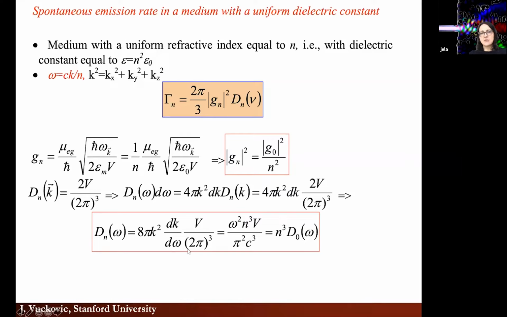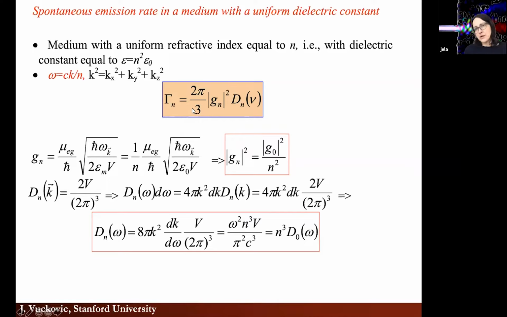So there will be an extra factor of n cubed, okay? And that's just the derivation of density of states, density of optical modes in the medium with refractive index n. So the bottom line is the density of optical modes in material with refractive index n would be n cubed times the density of optical modes in a vacuum, material with refractive index 1. So then going back to spontaneous emission rate, right?